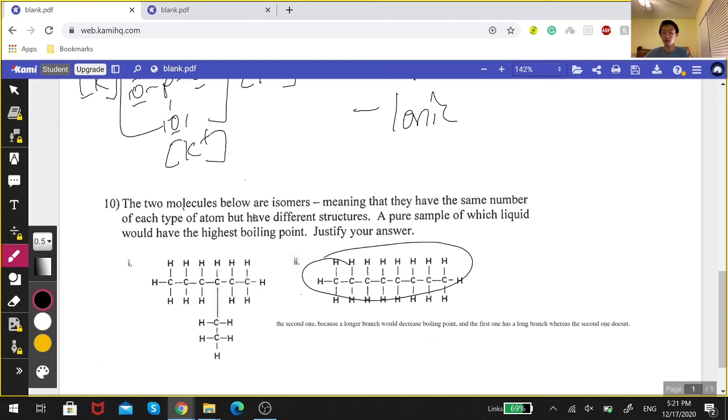Higher boiling point means its bonds are harder to break. When you see a longer branch like this, that means the LDF will be lower and the bond will be easier to break. With a bond that's easier to break, it has a lower melting point and lower boiling point. That's why the second one will have a higher boiling point and higher melting point, because a longer branch will decrease boiling point, and the first one has a long branch, whereas the second one doesn't.